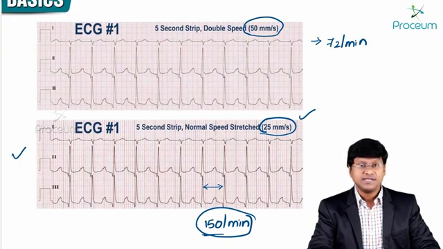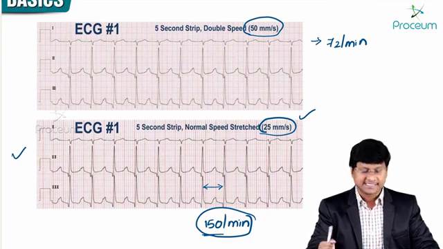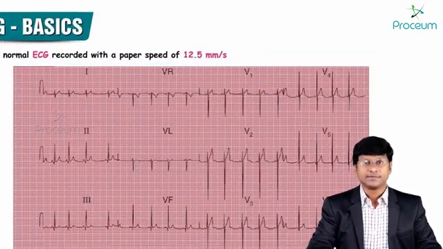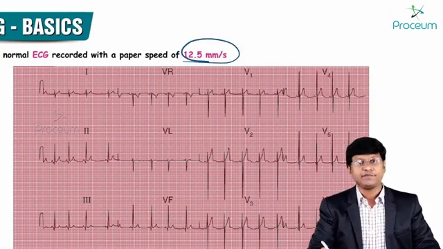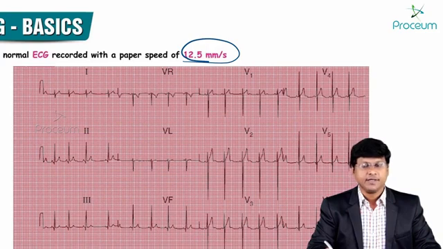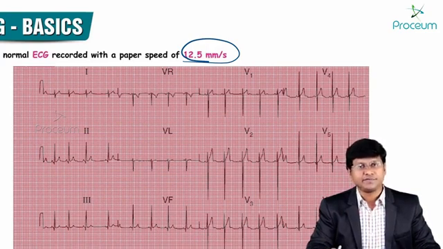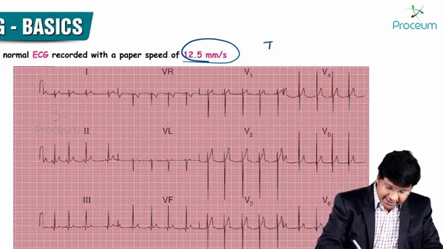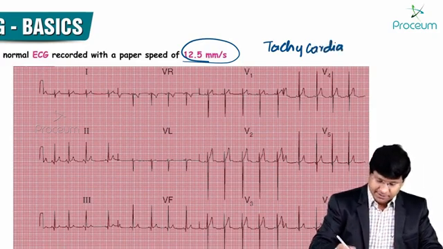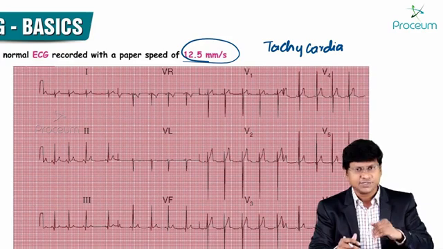In the same way, for example, we will take an ECG with a speed on the lesser side. Now, suppose you take an ECG paper with a speed of 12.5 millimeters per second. When the speed of the paper is 12.5 millimeters per second, it appears that the individual is having tachycardia. You see in this patient, it is the ECG of some different patient.